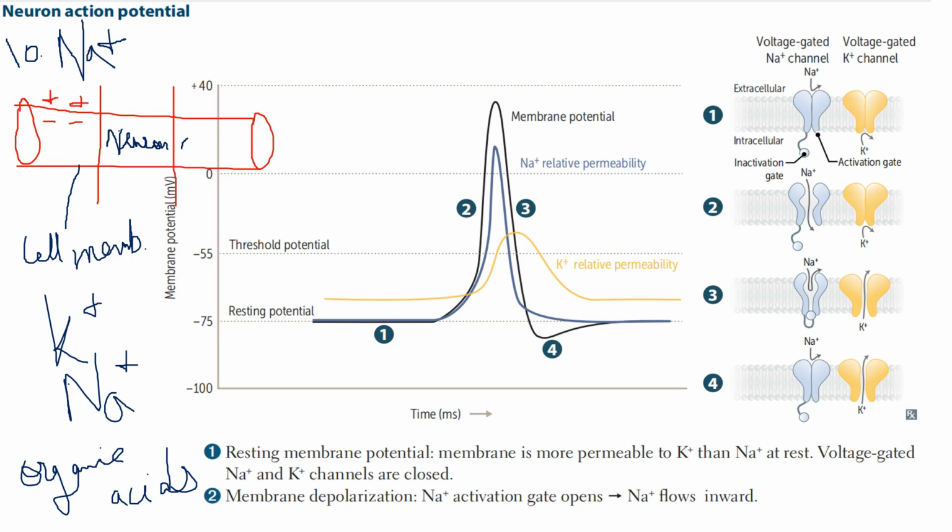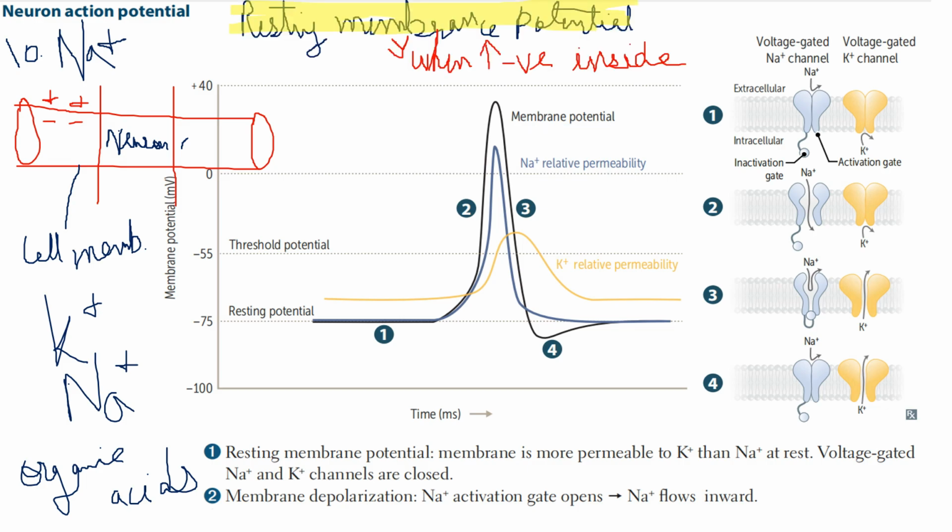Now let's see what the resting membrane potential is. We need to know that too, like the membrane potential. So the resting membrane potential is when the neuron is more negative inside than the outside, when there are more negative ions inside.